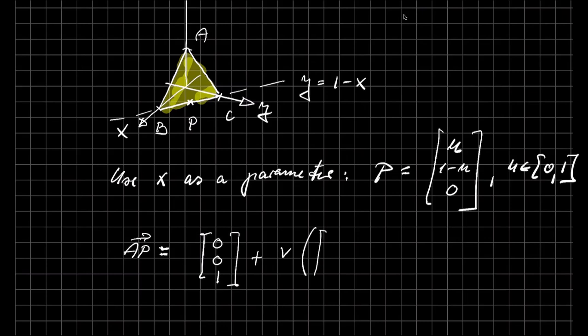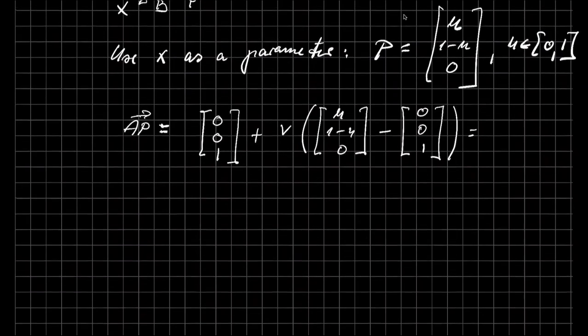The final coordinate is the P coordinate, so this is u, 1 minus u, 0, minus the initial coordinate 0, 0, 1.